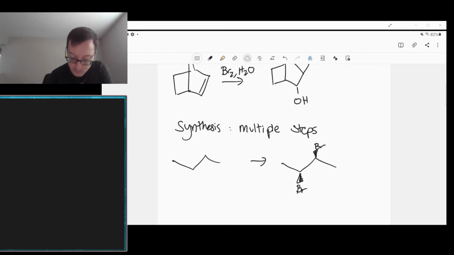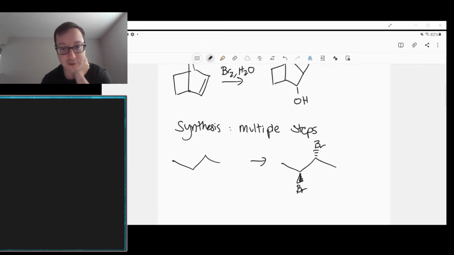So we analyze, we see, aha, this molecule, this product, has got anti-halogens on it. I'm sorry, syn-halogens on it. Do we know a way to do, I want to start with the simpler one. Let's start with anti.